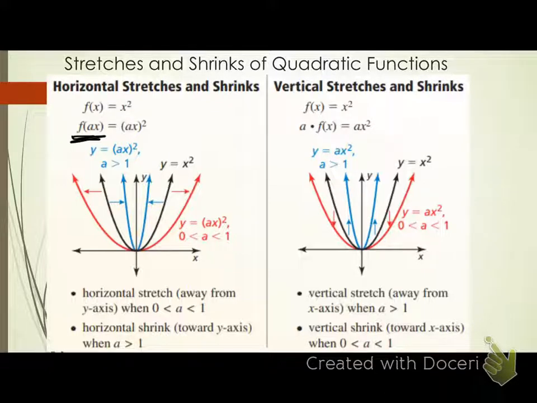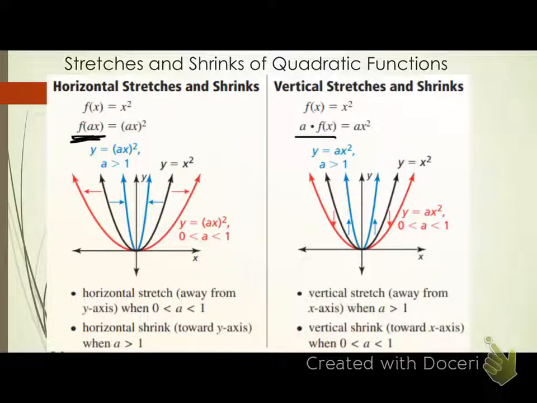Vertical stretches and shrinks is still a times f of x. So for our quadratic, it'd be a times x squared. For our vertical stretches and shrinks, is it by a factor of 1 over A or just A? Just A. So my vertical stretch, when A is greater than 1, it's a vertical stretch.